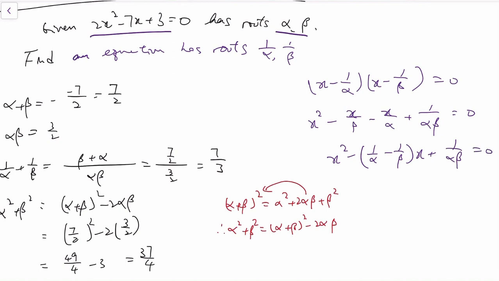Okay, this should be the equation. Oh, this is a plus, by the way. But by coincidence, we actually have found 1 over alpha plus 1 over beta. That's 7 over 3. And 1 over alpha beta is 3 over 2, so that's 1 over 3 over 2.